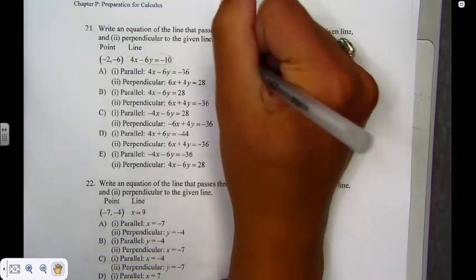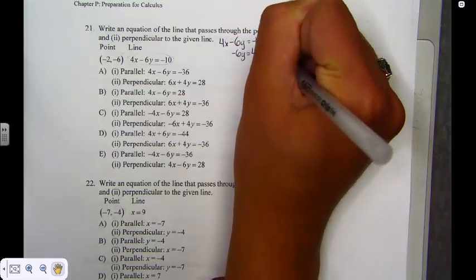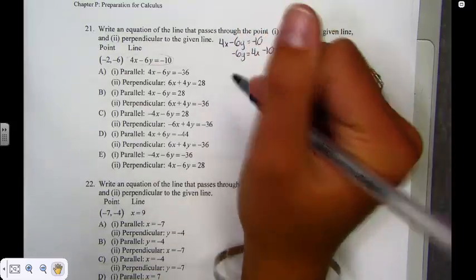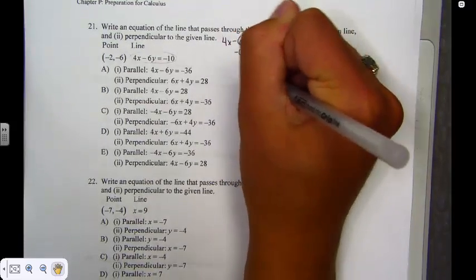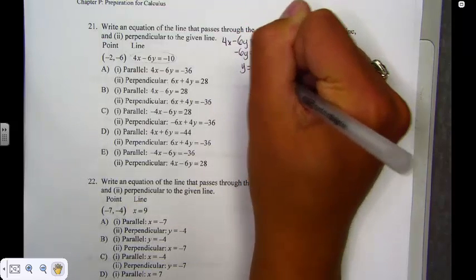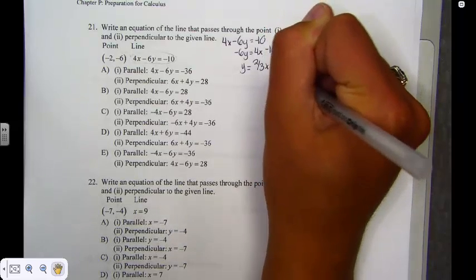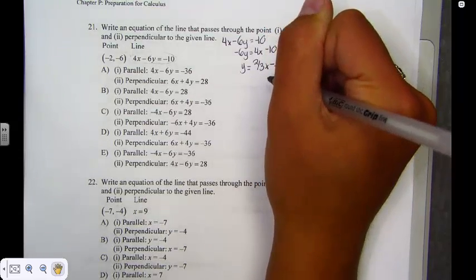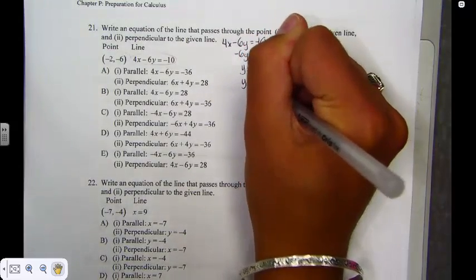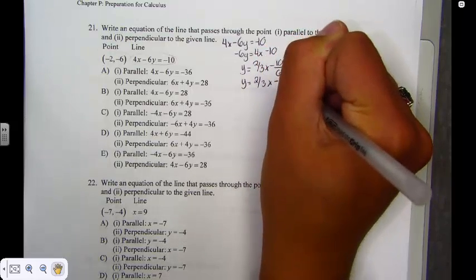Going to move the x over, and we're going to divide, and we're going to simplify it a little bit to get 2 over 3x minus 5 over 3.